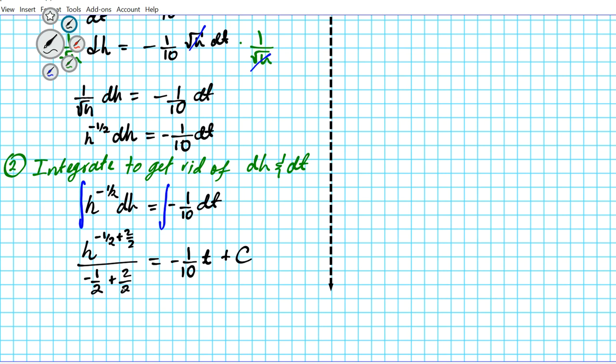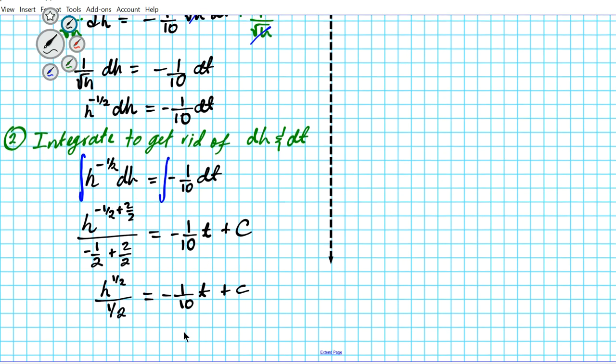All right, let's make it look pretty. On the left side, we have h to the 1/2 over 1/2 is equal to negative 1 over 10 t plus c. And then we can drop, change, flip. And then we have 2 times root h equals negative 1 over 10 t plus c.